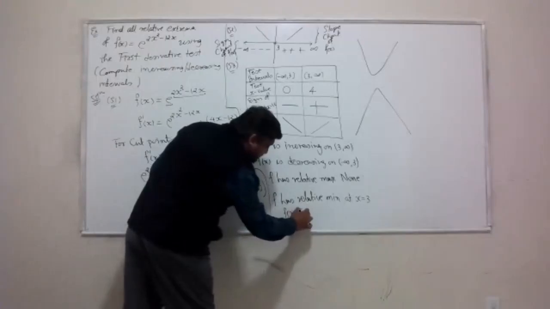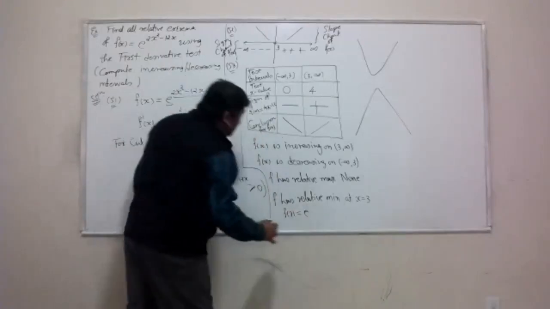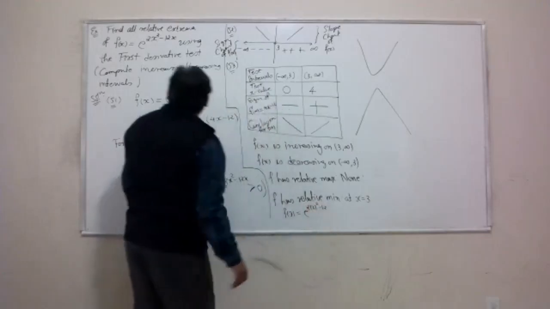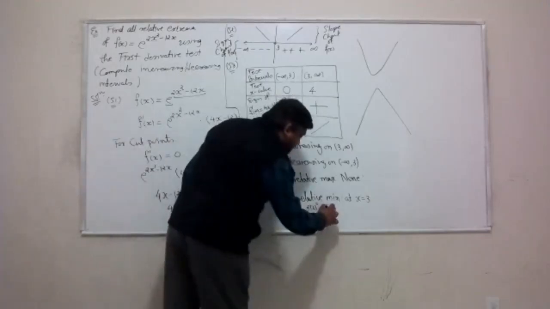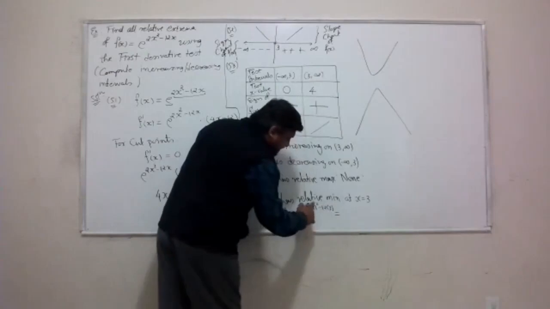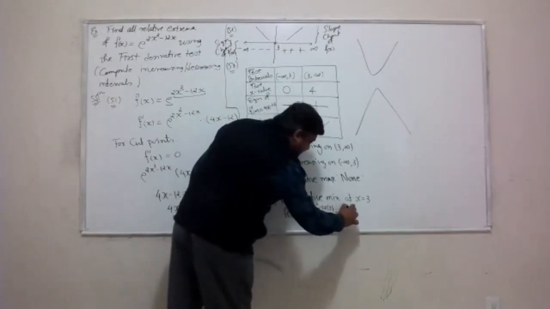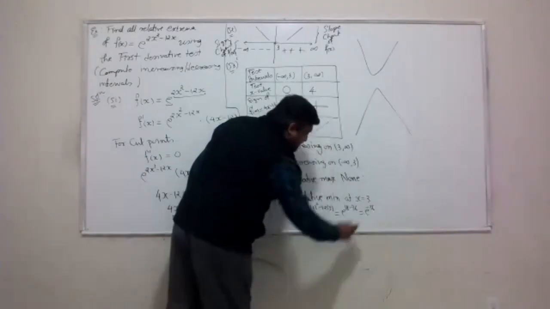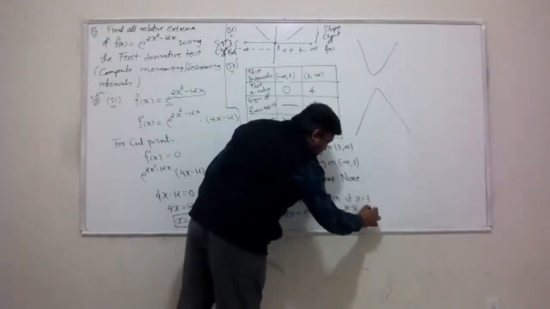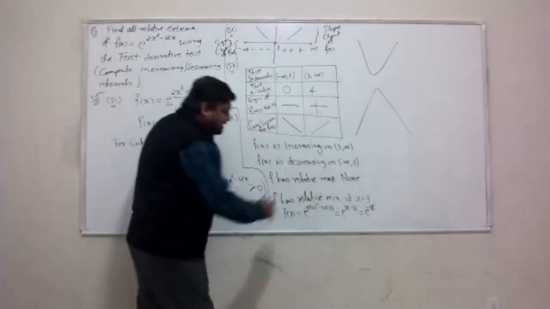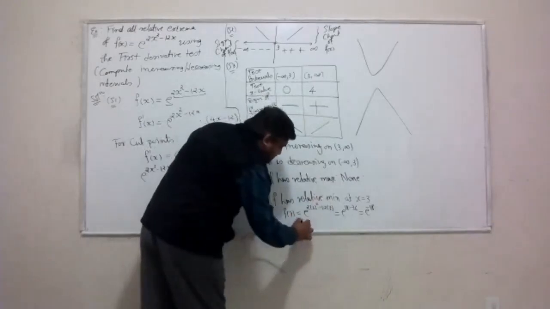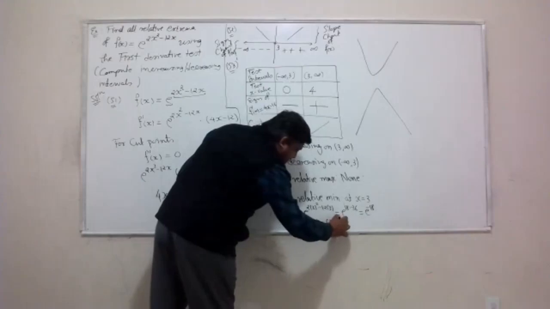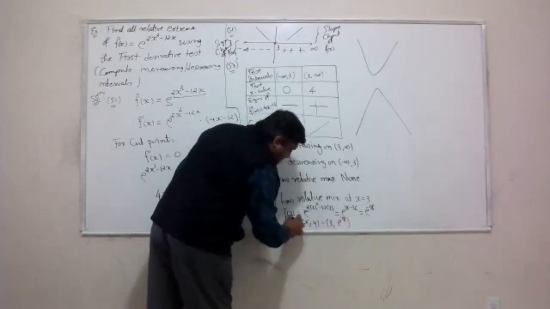Look, f at 3 is going to be e to the power 2 times 3 squared minus 12 times 3, and this is going to be e to the 18 minus 36, which is e to the negative 18. Relative minimum in x comma y format would be 3 comma e to the negative 18.